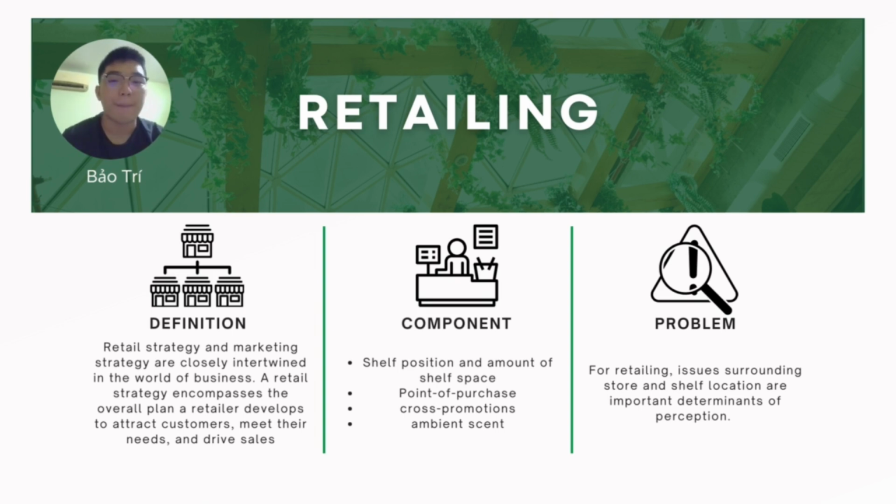Some components of retailing are shelf position and the amount of shelf space, the point of purchase, cross promotions, and ambient scent. For retailing, issues surrounding store and shelf location are important determinants of perception.